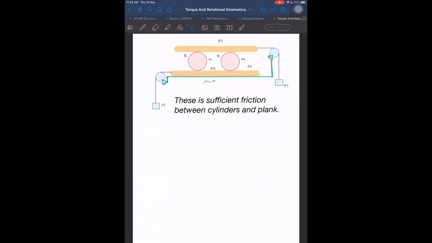Okay, but the lower surface is frictionless. This is a frictionless, smooth surface, and pulleys are frictionless. Remaining surfaces are remaining.